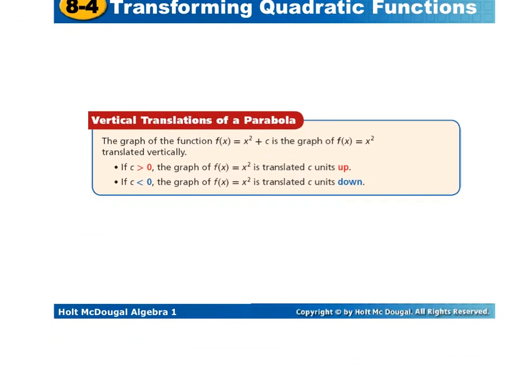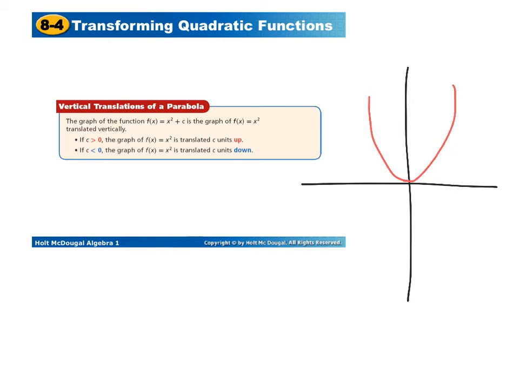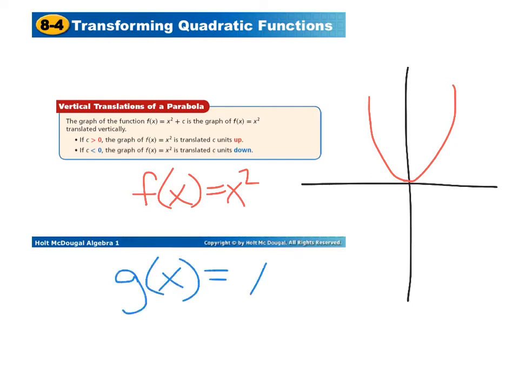So again, here it is, the vertical translation. When I translate something vertically, if my original parabola was right here at 0, 0, and if I changed my y-intercept or my c, so if the parent was f of x equals x squared, and then g of x was x squared plus 5, I know I might be somewhere up here.